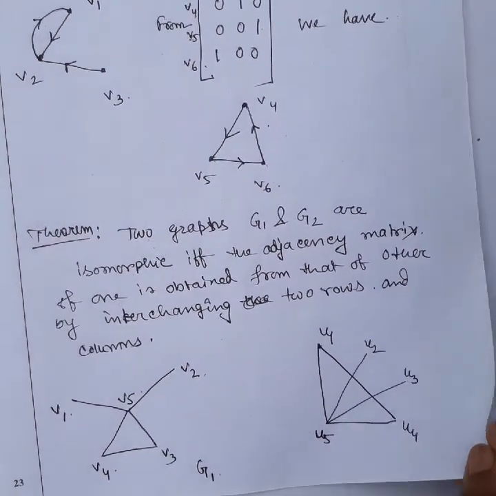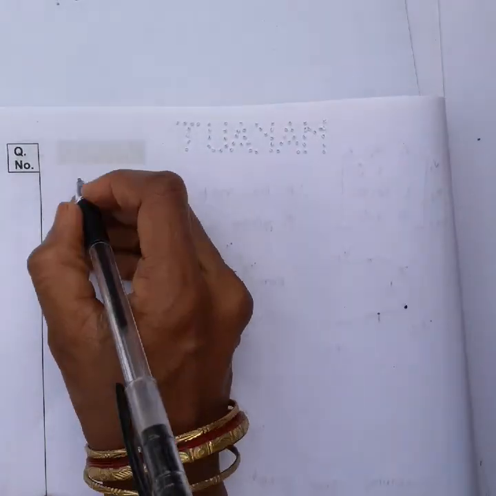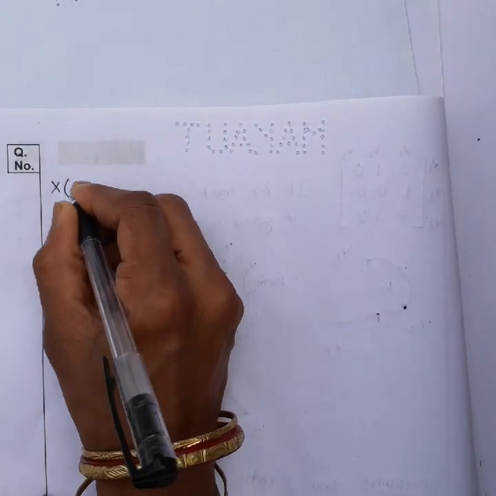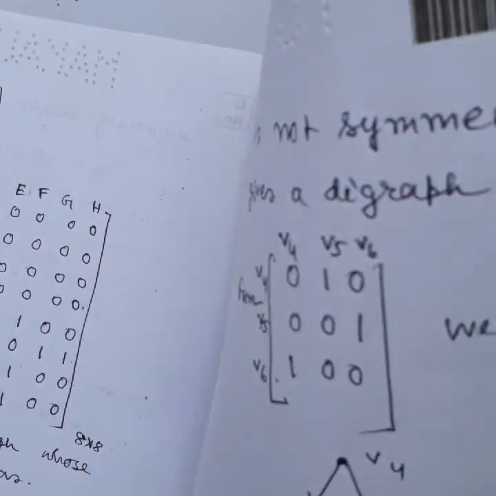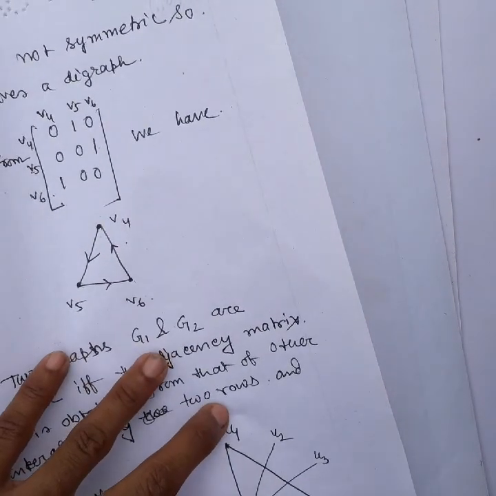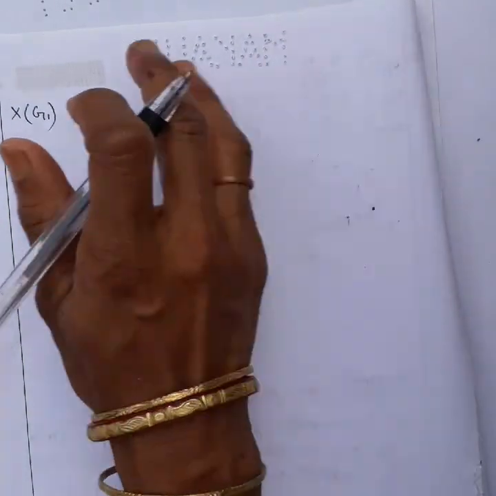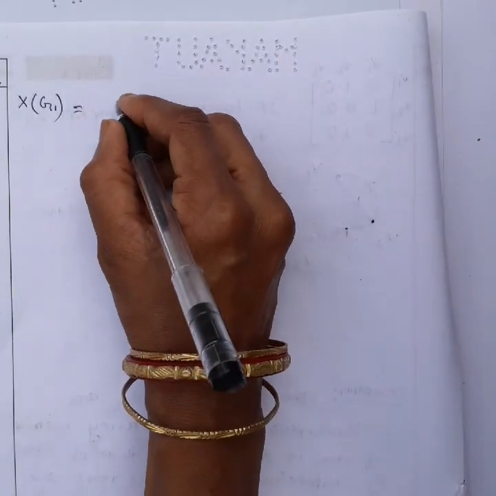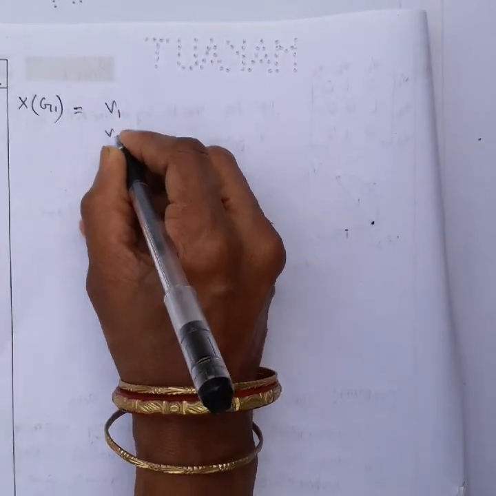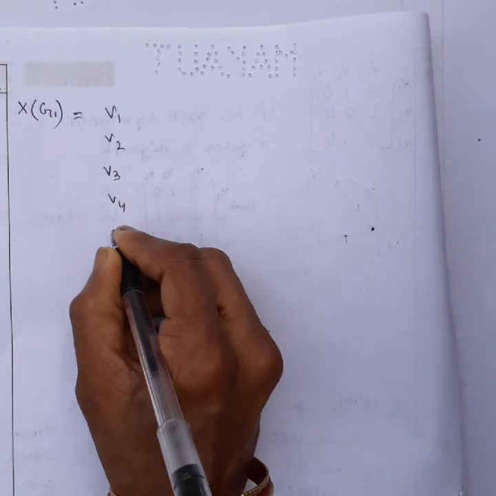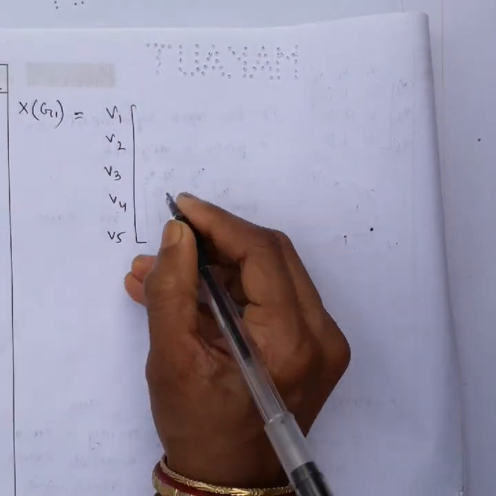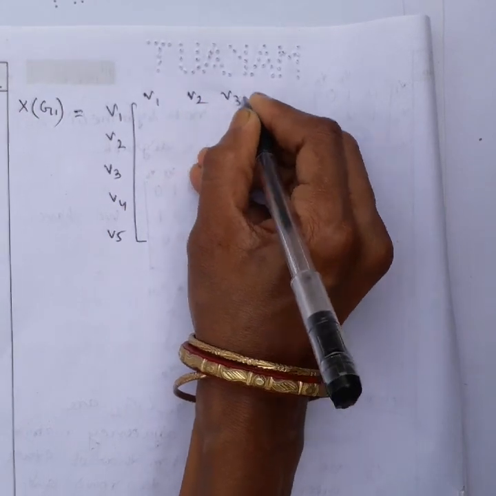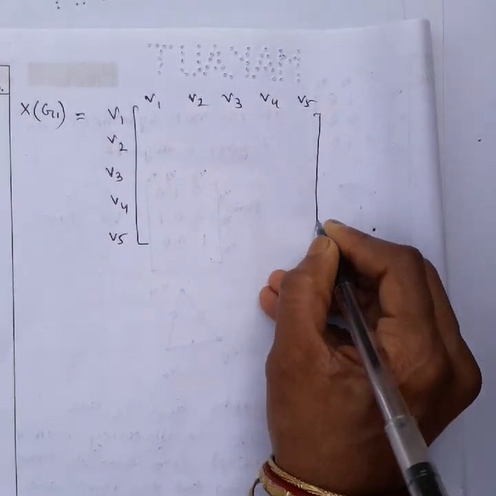From these two graphs we find the adjacency matrices of G1 and G2, with rows and columns V1, V2, V3, V4, V5.